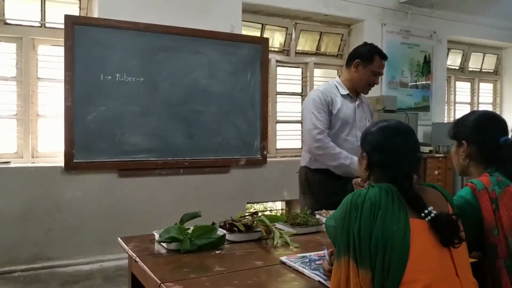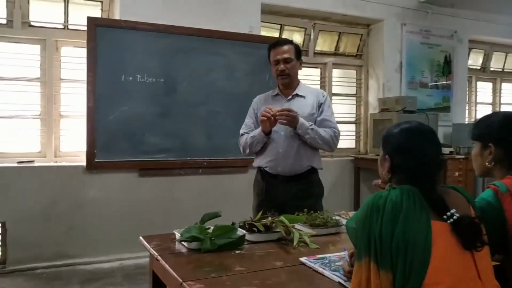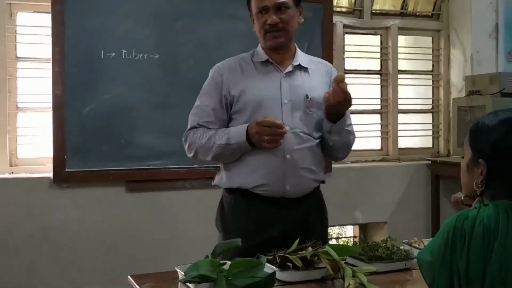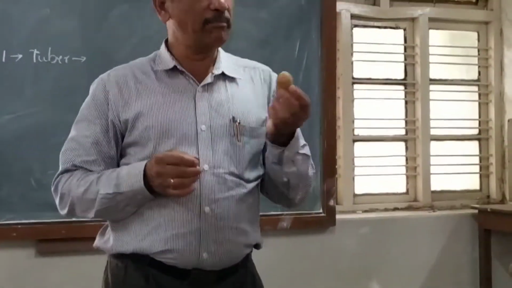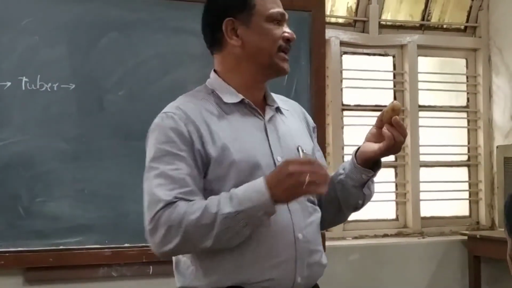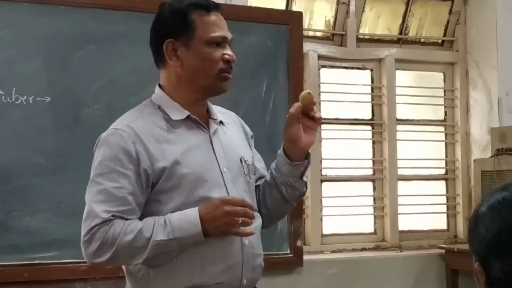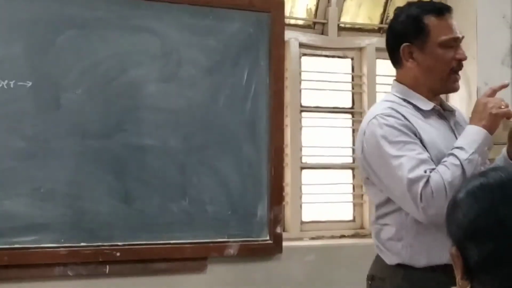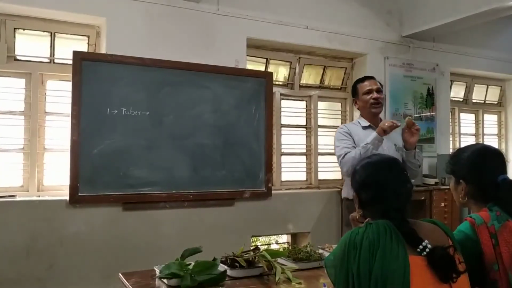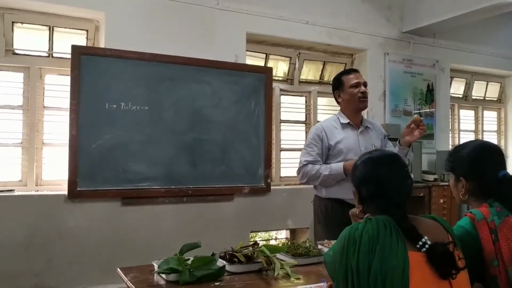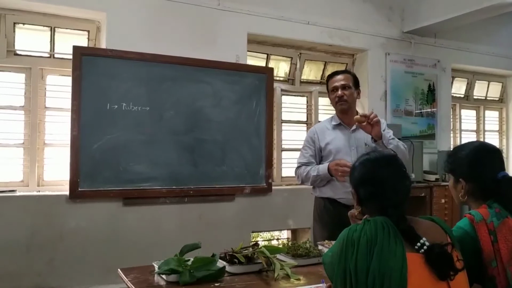These are called stem tubers because these are the branches which develop at the lower portion of the stem of Solanum tuberosum. Those branches go into the soil, and the terminal portion swells in the form of a tube-like structure.